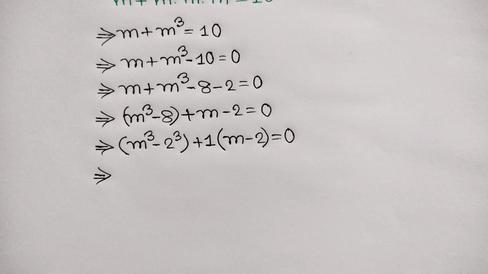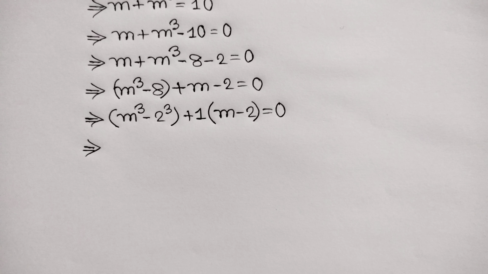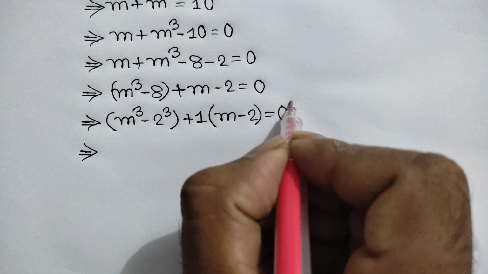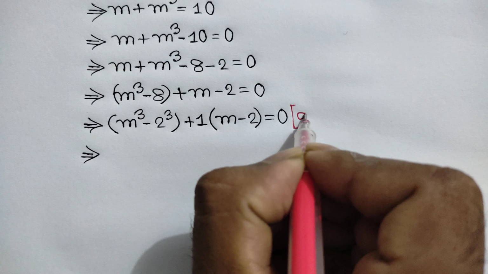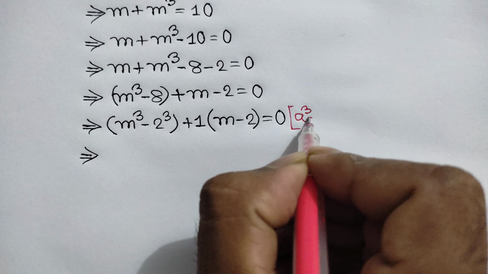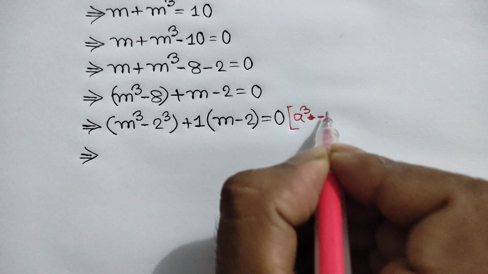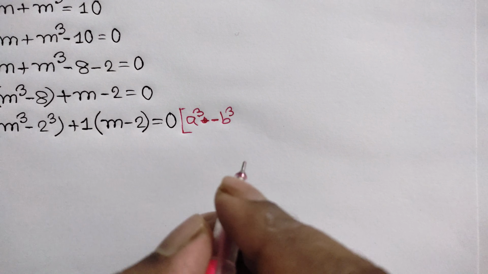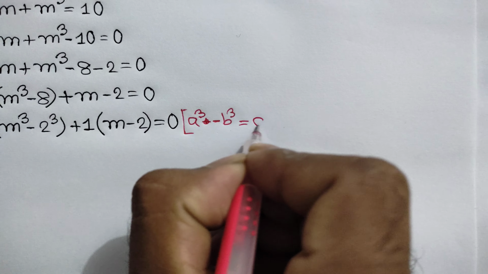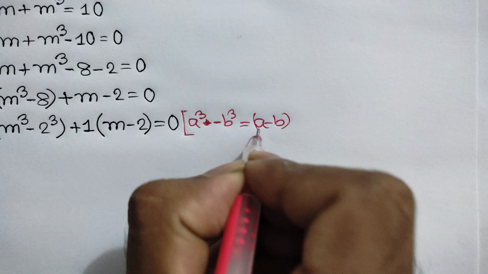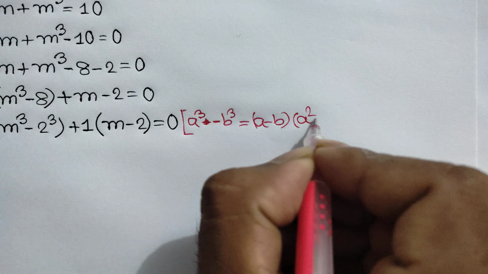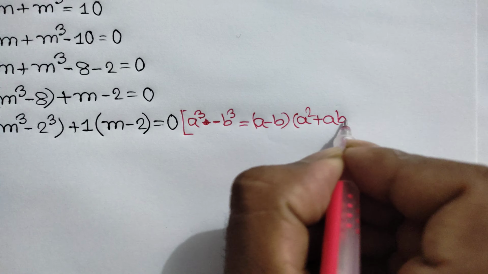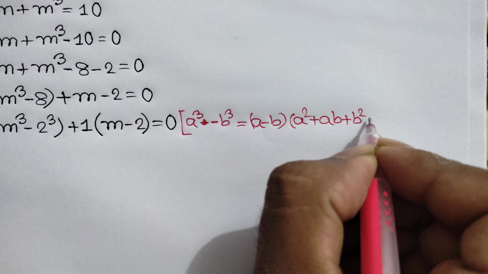Now here we can use an algebraic formula. We know that a cube minus b cube is equal to a minus b times a square plus ab plus b square.